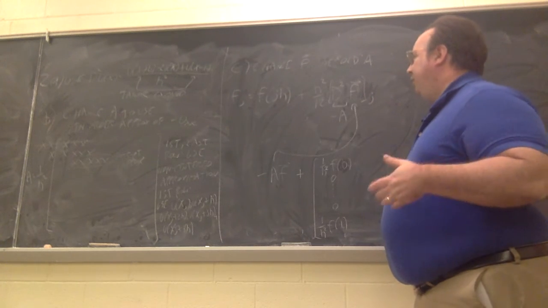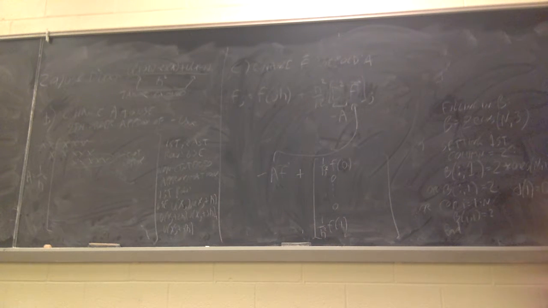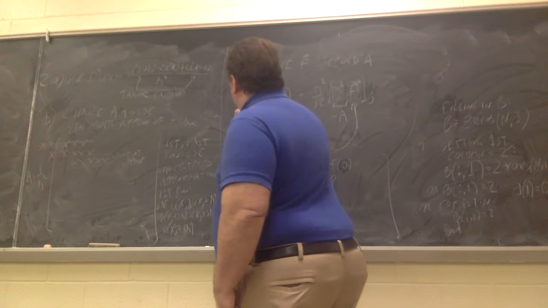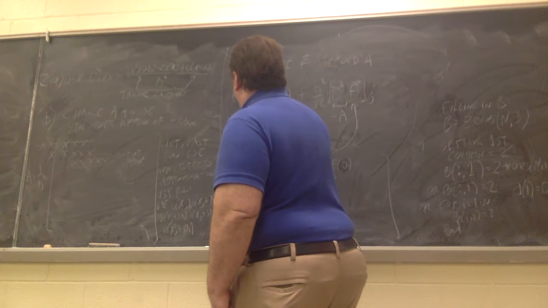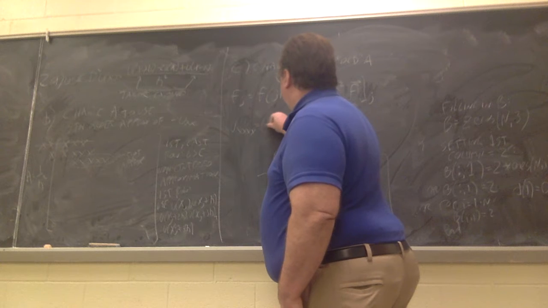It's supposed to be h squared over 12 times the fourth derivative of u that would show up in your Taylor expansion. But uxxxx, well, uxx is equal to minus f.